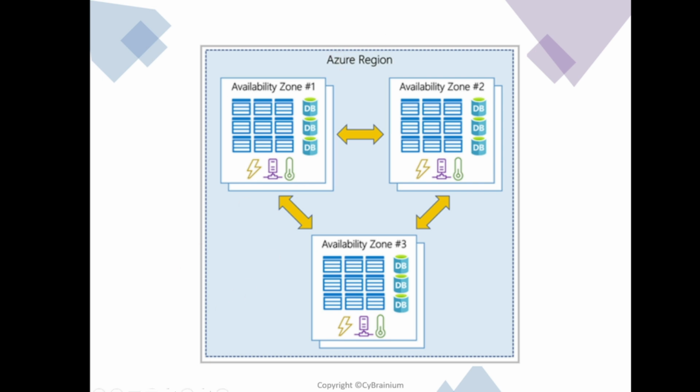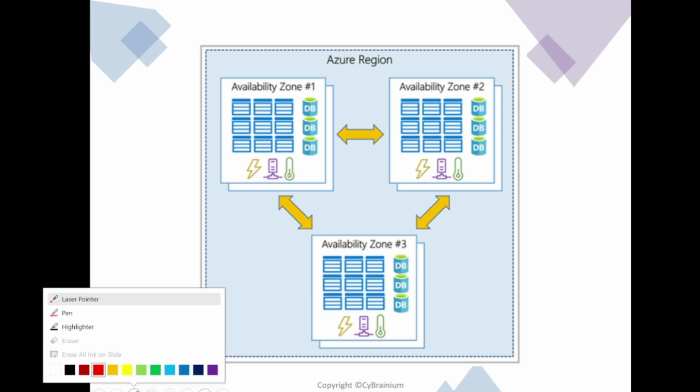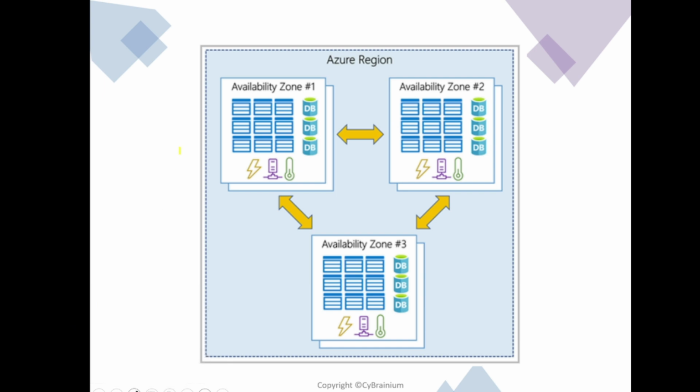With this diagram, you can mark this as the Central India, Pune region. And there are three zones: zone 1, zone 2 and zone 3, correct?